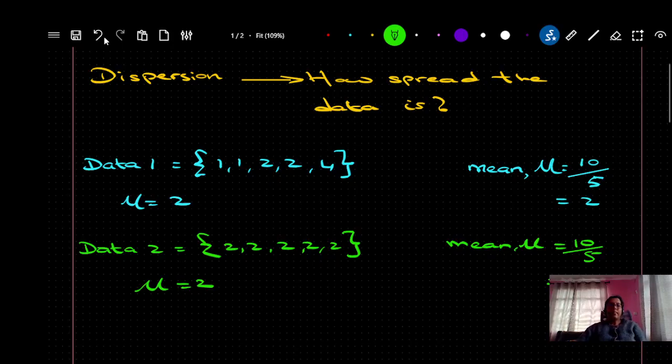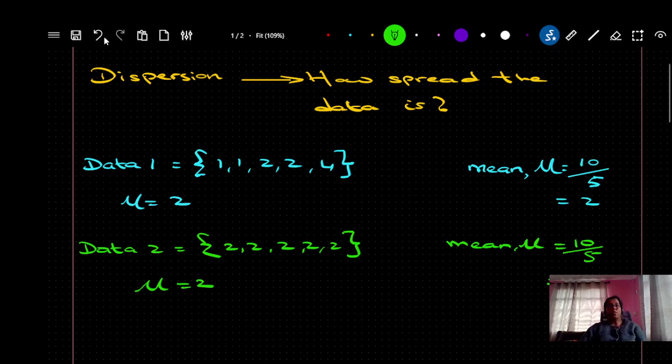Good. Now, you get a mean, and you want to know how come these two data sets have the same mean, but they are different. How can you prove that these two data sets with the same value for the mean are different data sets?